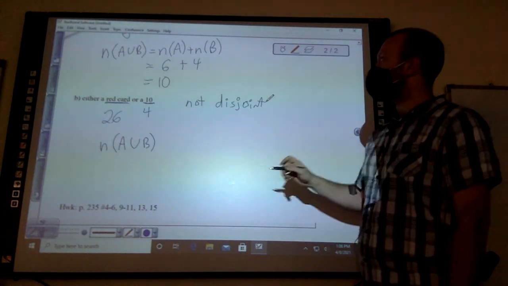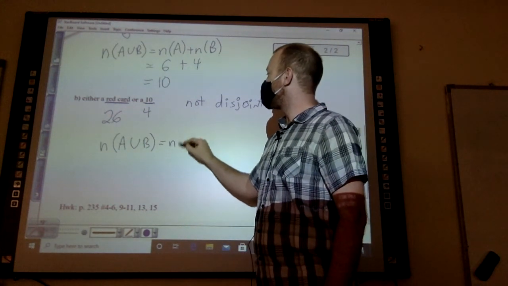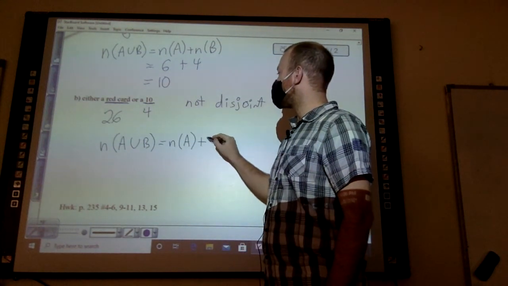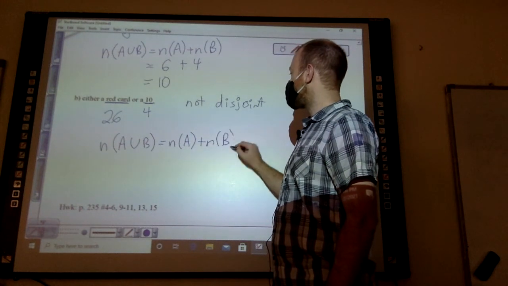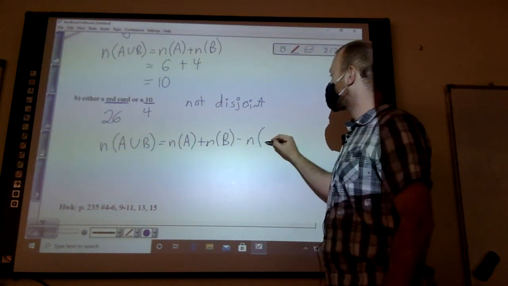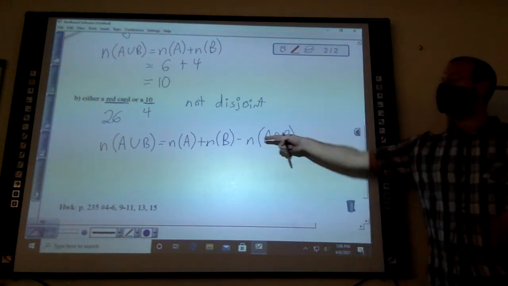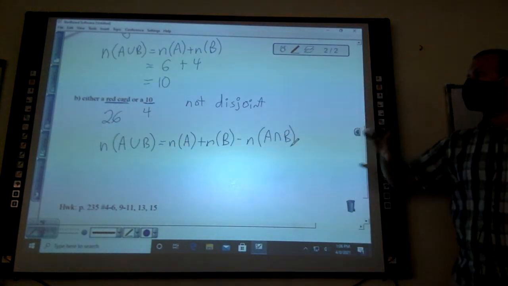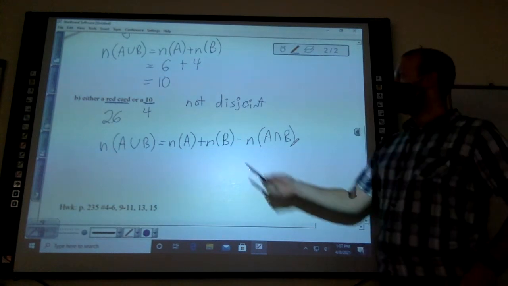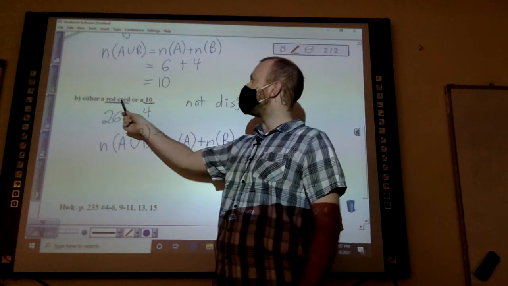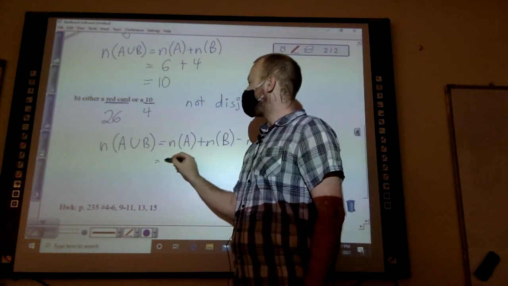So because they're not disjoint, we need this. So this is the other half of this equation. But we've already determined this. So don't be freaked out by the equation because we've already figured this out. The number in set A is the red cards. It's 26.